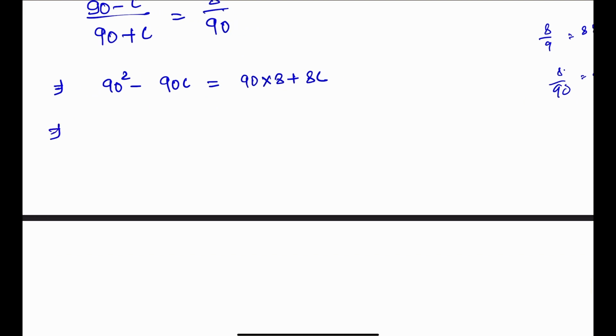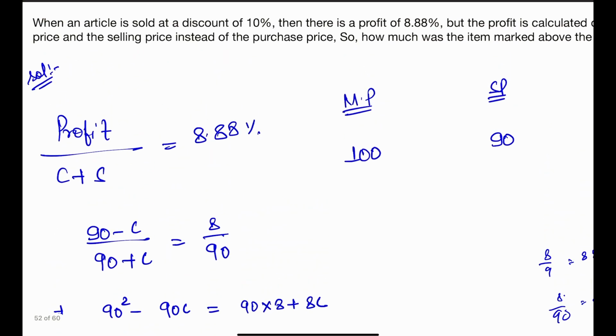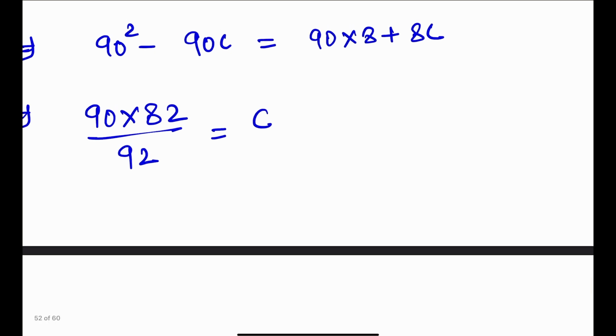So eventually this will be 90 into 90 minus 8, which is 82, and this will be divided by 92, which will be my cost price. So my comparison is now 90, 82.